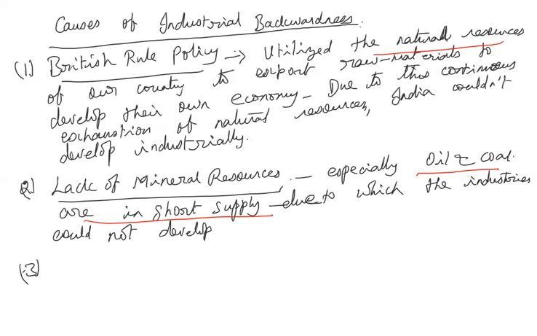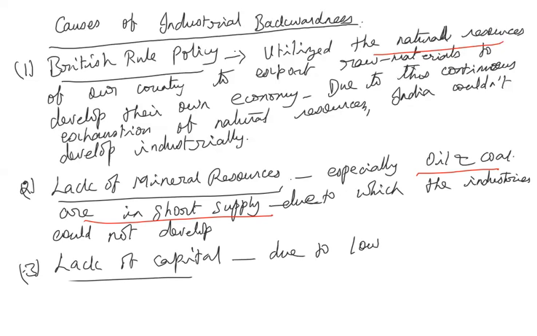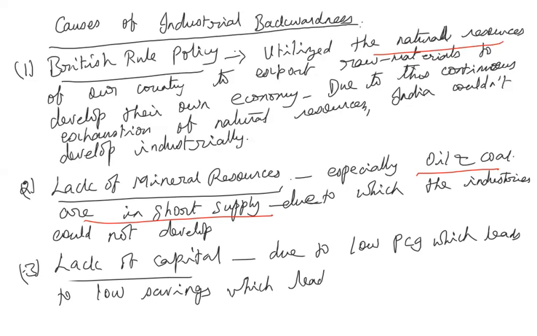And then the third cause, the most important, is lack of capital. Why is there lack of capital? Due to low per capita income, which leads to low savings, which again leads to low investment.